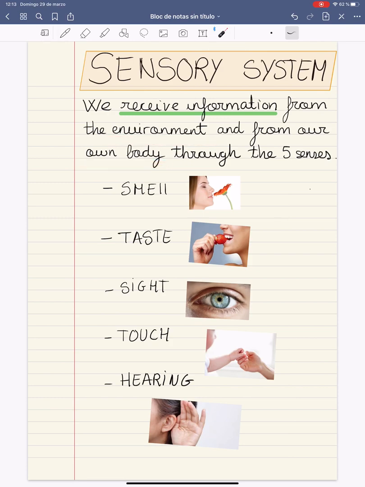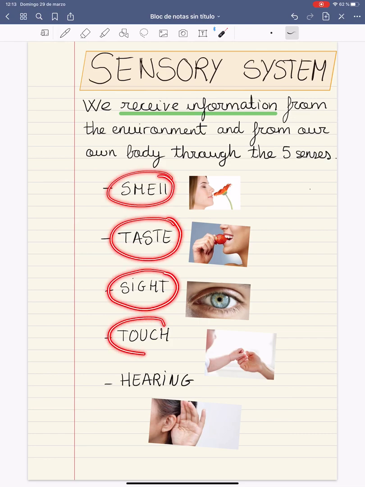So it can be external if we receive it from our environment, or internal if it's our own body that is sending us the information. We've got five different senses in charge of receiving that information: smell, taste, sight, touch, and hearing.